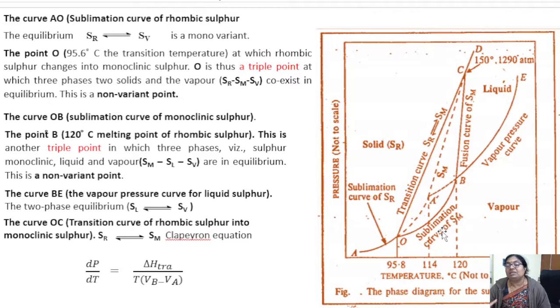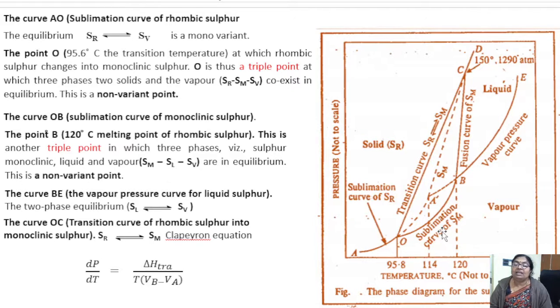That is the AO curve, what we call the sublimation curve of rhombic sulfur. On this curve, equilibrium coexists between rhombic sulfur and its vapor state.